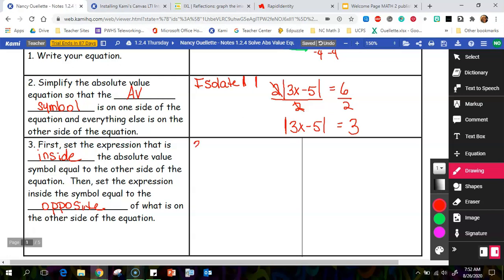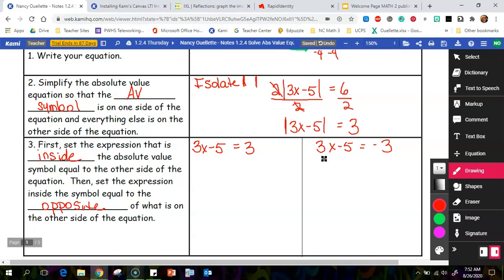So now I'm going to set it up: 3x minus 5 equals 3. And then I'm also going to set it up: 3x minus 5 equals the opposite of 3. Because up here at the top, remember we said whatever's in here could be a 3 or it could be a negative 3. So that's the way we need to set it up, because there are two solutions most of the time to these types of equations.